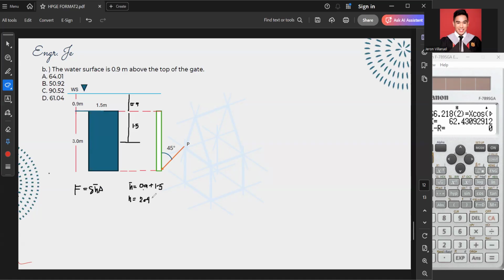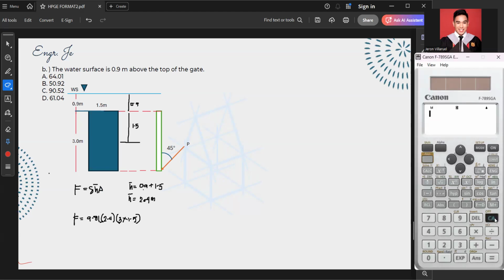2.4 meters. So we can now have our hydrostatic force, which is F equals 9.81 times 2.4 times the area submerged, that is 3 times 1.5. And that's 9.81. Let's just use the calculator.